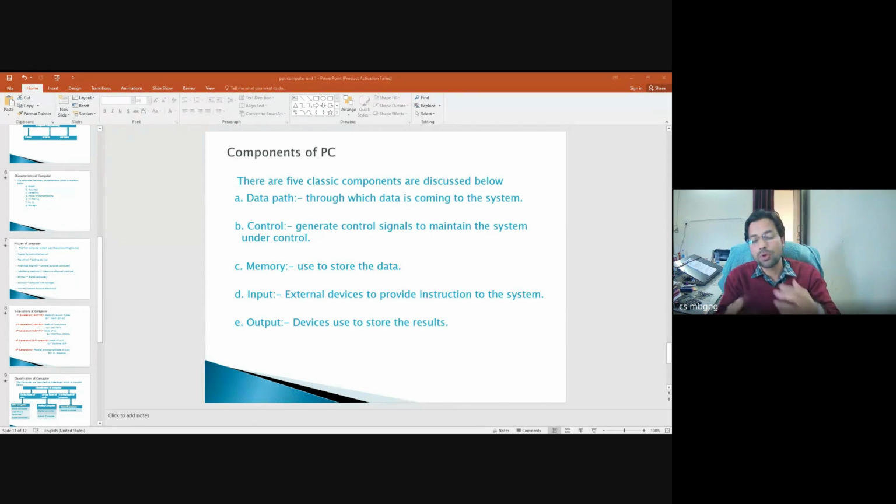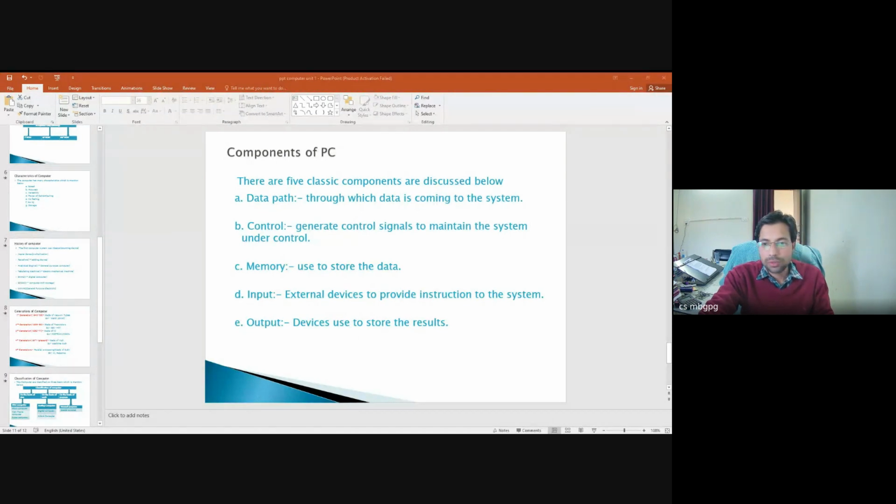If all the parts are properly connected, then the operating system is loaded from secondary storage to the primary storage. If the hardware parts are not properly connected, then it will not load. So initially it is stored in the secondary storage.